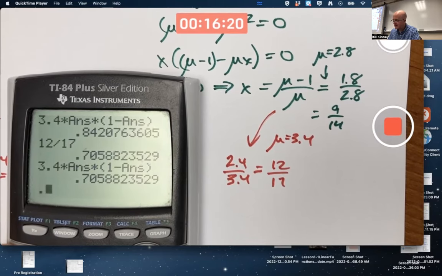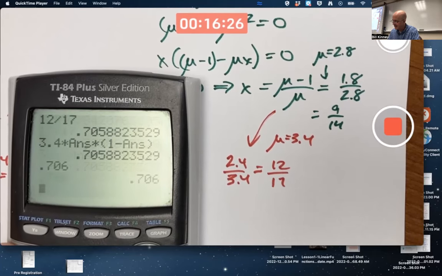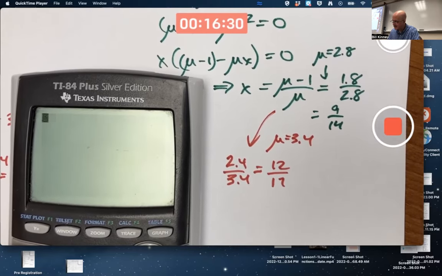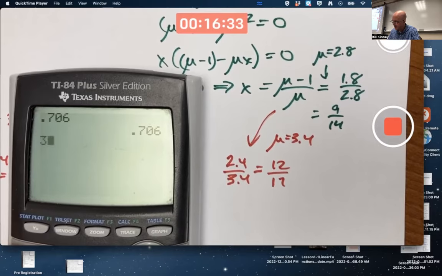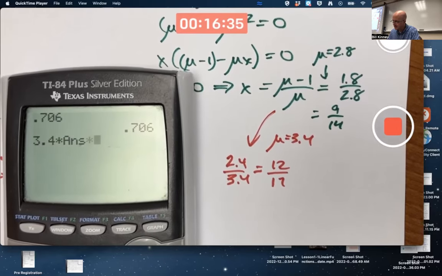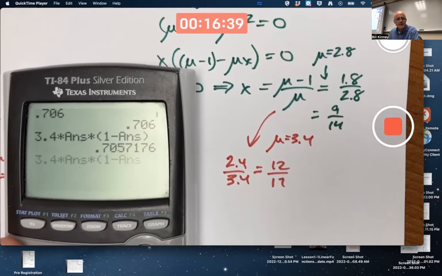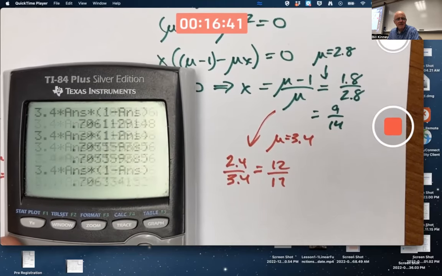Although what happens if I make the number slightly off, like make it 0.706, say, and do 3.4 times the previous answer times 1 minus the previous answer. Keep iterating.